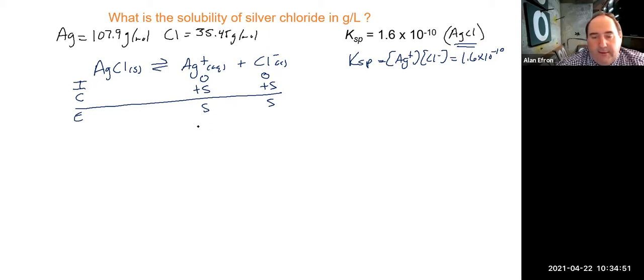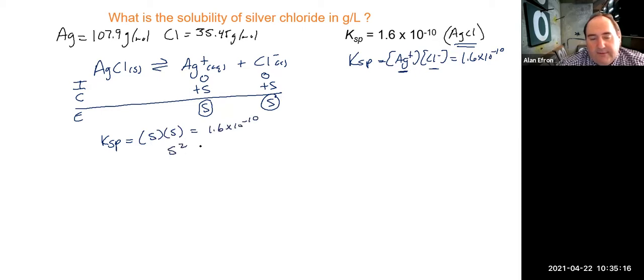Now, like a normal equilibrium problem, at this point, we're going to take both of these values here, our letters, and we're basically going to substitute them into our Ksp expression. That means that the Ksp would equal S times S, which is S squared. That is 1.6 times 10 to the minus 10.